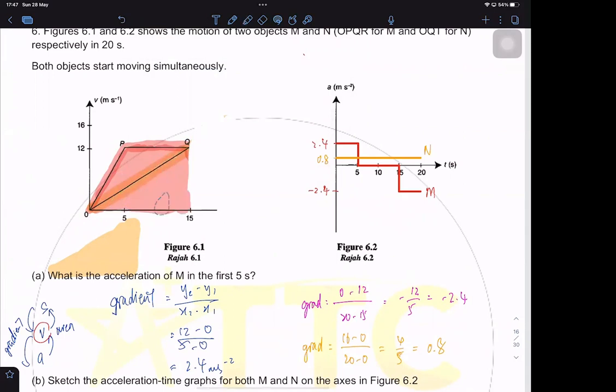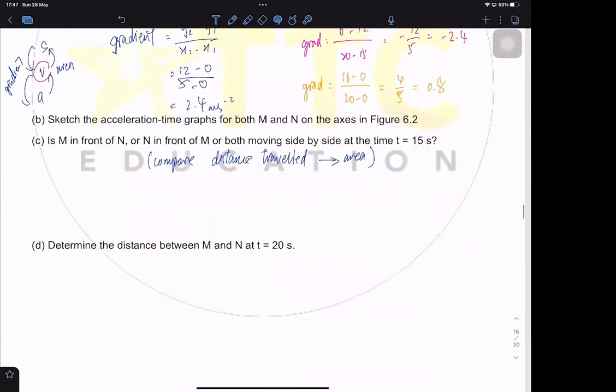So now is it obvious? Malaysia's distance traveled is much bigger than Norway's. That's how we can tell that Malaysia is ahead of Norway. M is in front of N, because this area is bigger than this area.